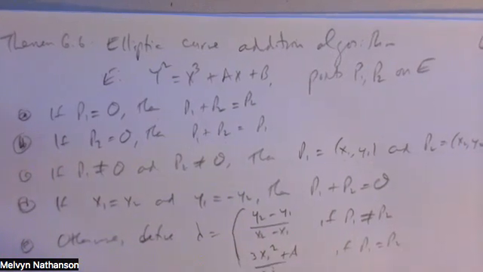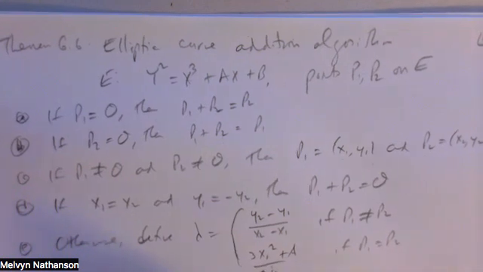And then the sum of P1 and P2 is equal to the point x3, y3. These are the coordinates. So these are sort of the trivial cases, when one or the other of the points is the point at infinity.